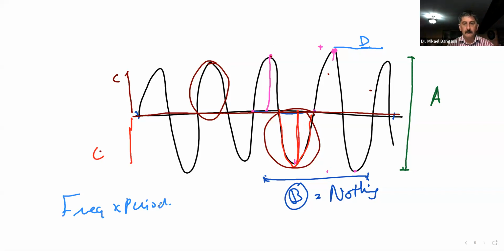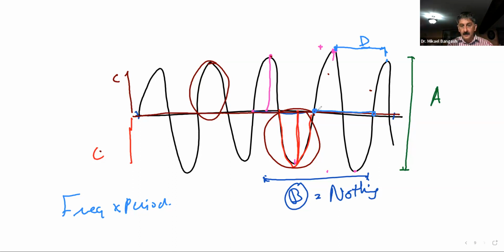And when we look at D, it means from the same point on one wave to the same point on a following wave. That will be the period. Or we could say, if we start here, it goes here.